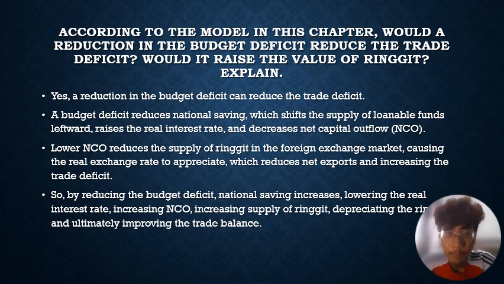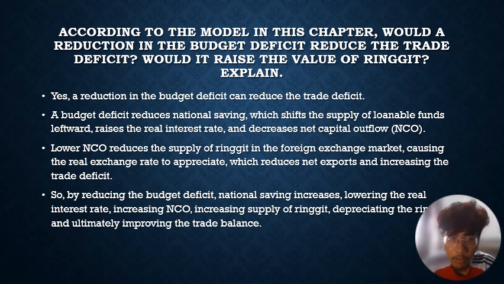To tell the truth, it would raise the value of the ringgit. Yes, a reduction in the budget deficit can reduce the trade deficit. But the budget deficit reduces national saving, which shifts the supply of loanable funds leftwards and raises the real interest rate, but at the same time decreases the net capital outflow.